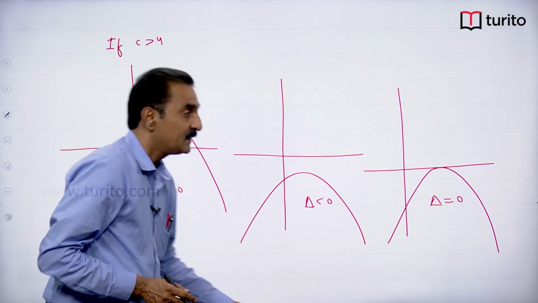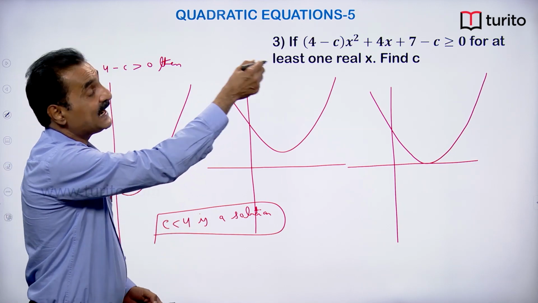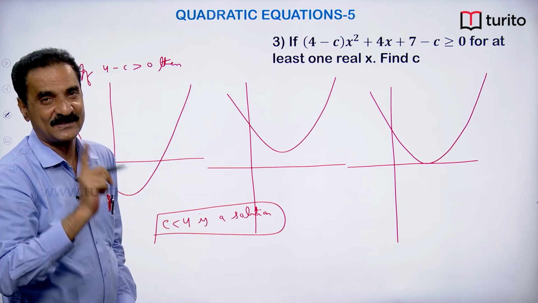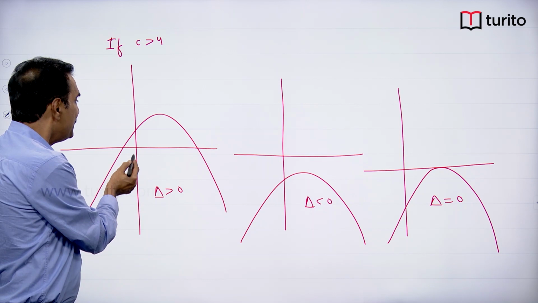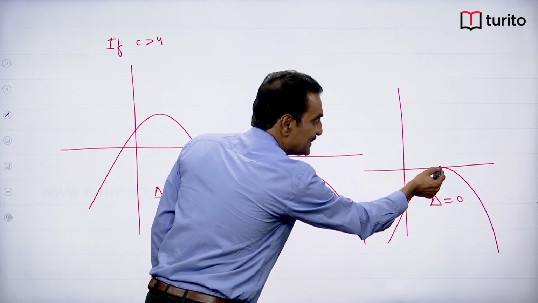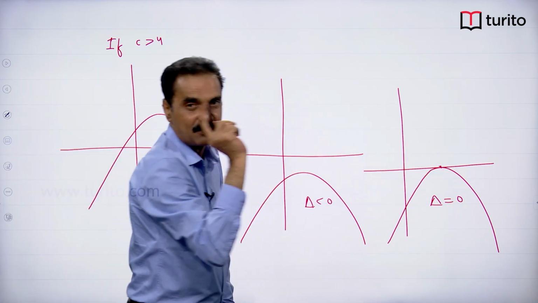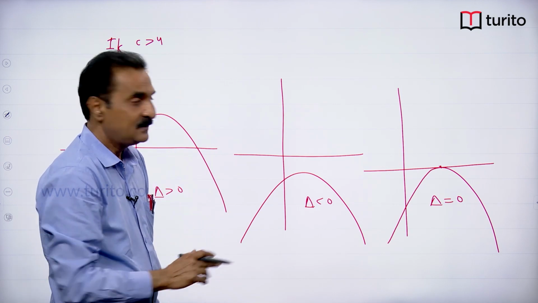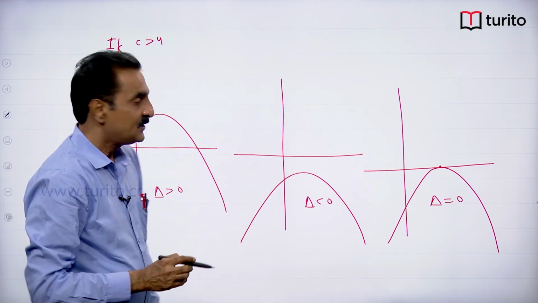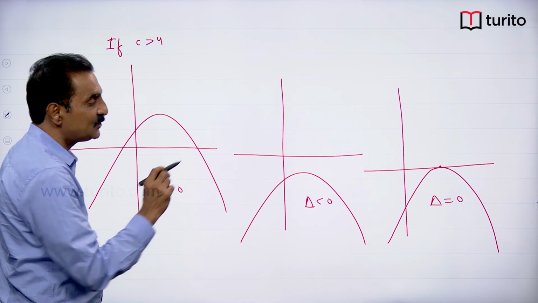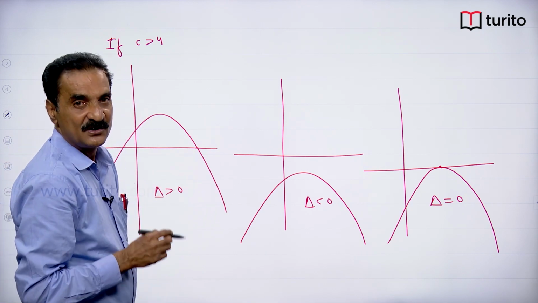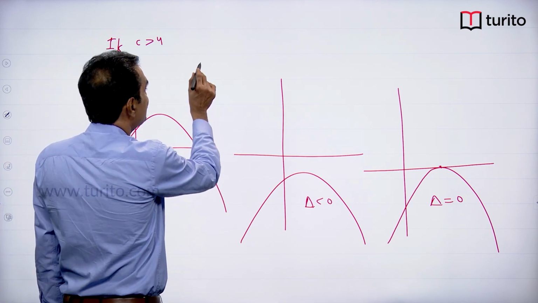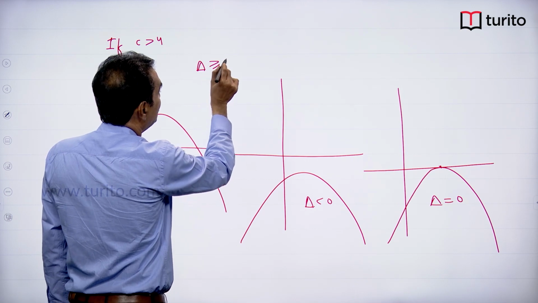Now, that expression should be greater than or equal to 0 for at least one x. It is possible in this case and in this case. In this case, it is becoming equal to 0 for one value of x. This is not possible. So, here delta is greater than 0, there delta is equal to 0. So, the necessary condition is delta greater than or equal to 0.